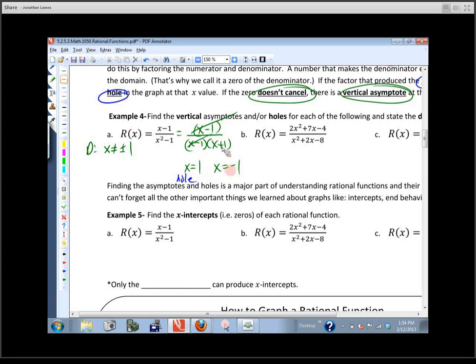Because this one didn't cancel off, that means x equals negative 1 is a vertical asymptote. So because this one canceled, it's a hole. Because this one sticks around, it's a vertical asymptote. It's literally that simple. Find where the domain issues are. If they cancel off, it's a hole. If they stick around, it's a vertical asymptote.